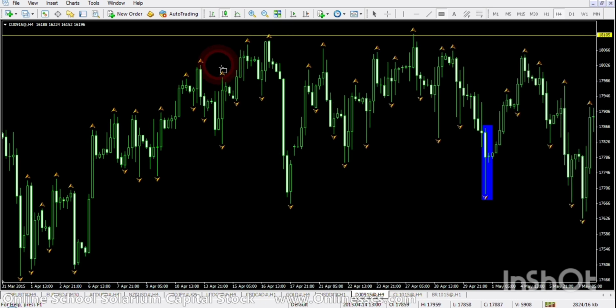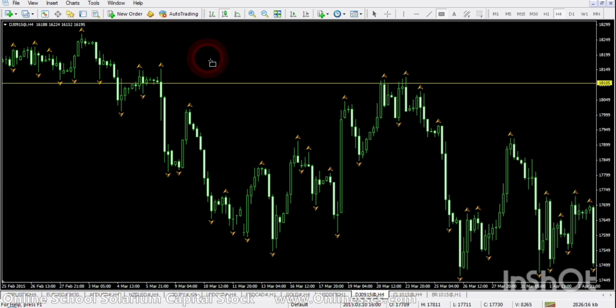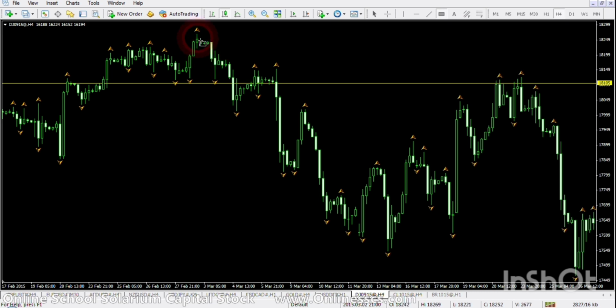We have another candle here. This here in the chart, we also have it. One of the shadows should be longer than the other one.